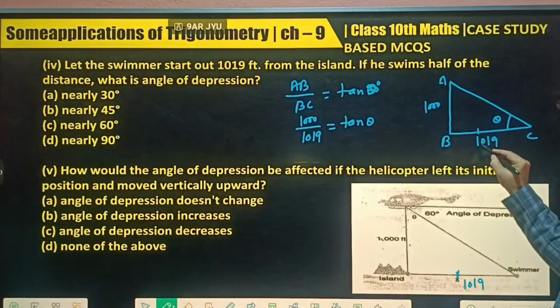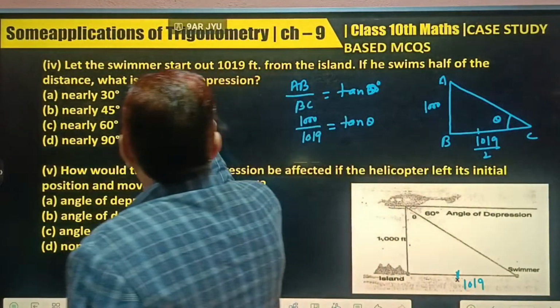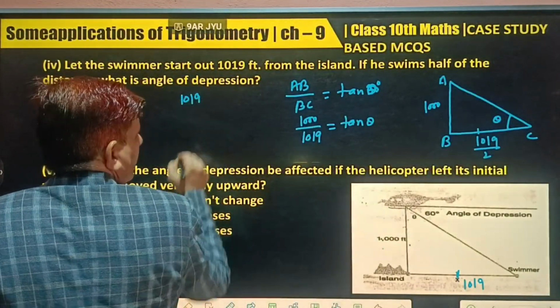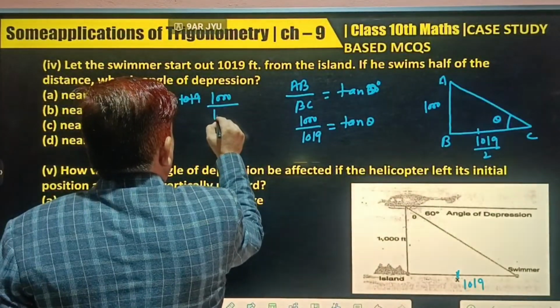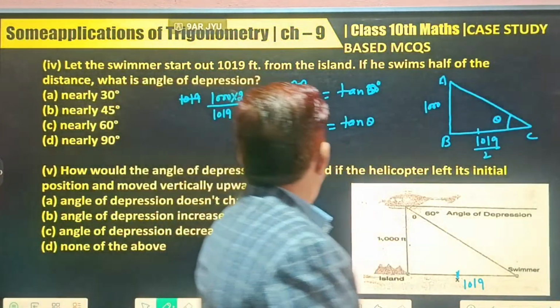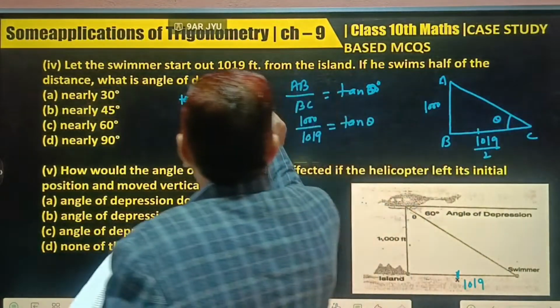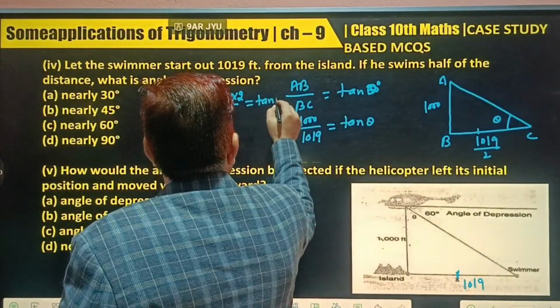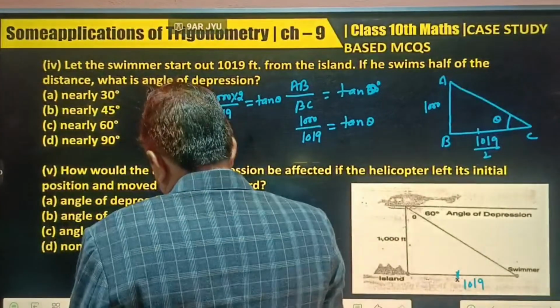And if this distance becomes divided by 2, what's the problem? This becomes 1000 by 1019 by 2. What happened when this distance changed? This is equal to tangent theta.